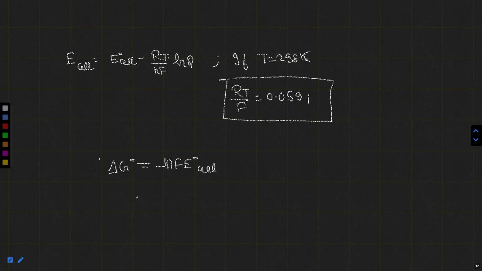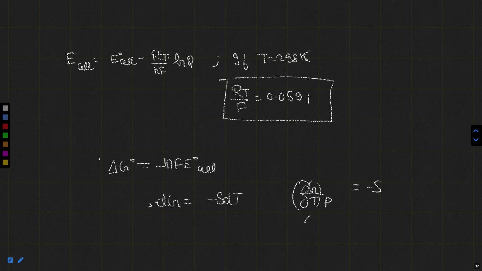Then we have connected it with entropy, since we have the equation dG is equal to minus PdV minus SdT. Yes, at constant pressure. Now if you differentiate it, you will get delta G by delta T at constant pressure as minus S.